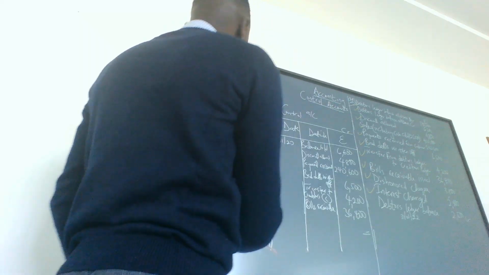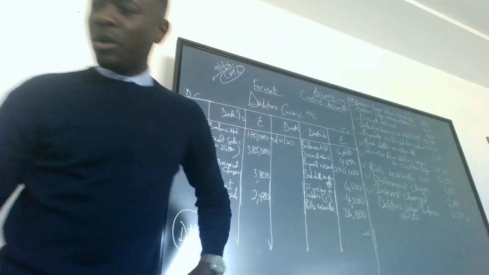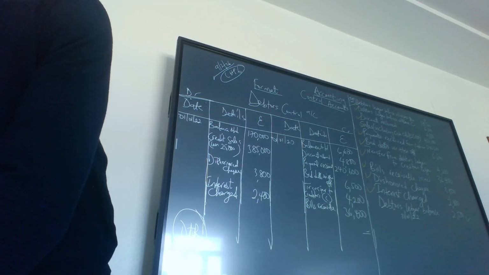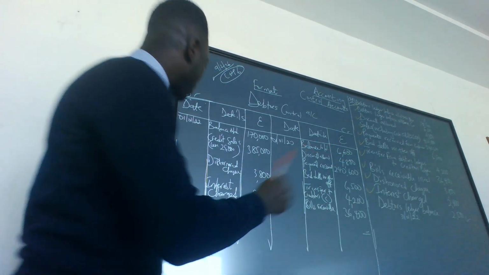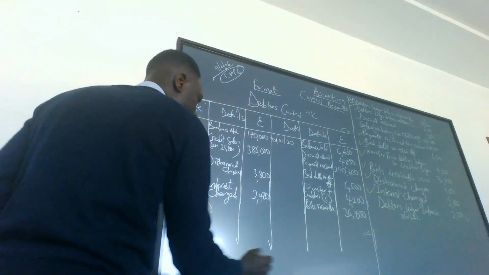So we have debtors ledger balance, what do we call it? We call it debtors credit balance here. Debtors credit balance.